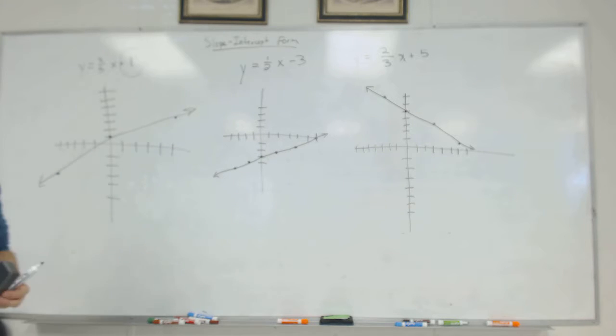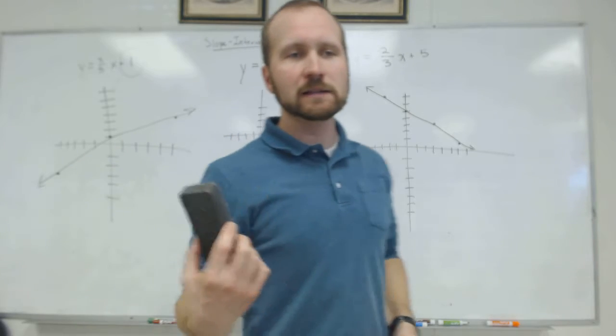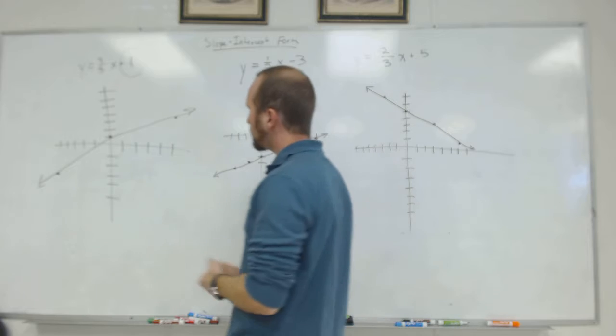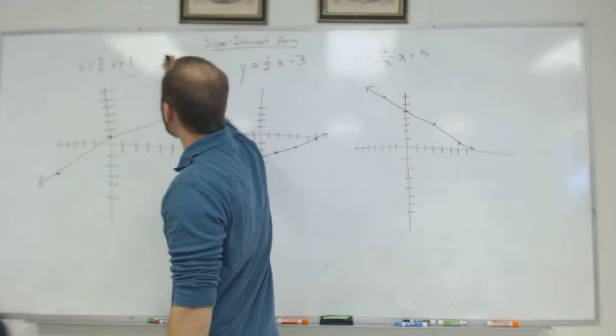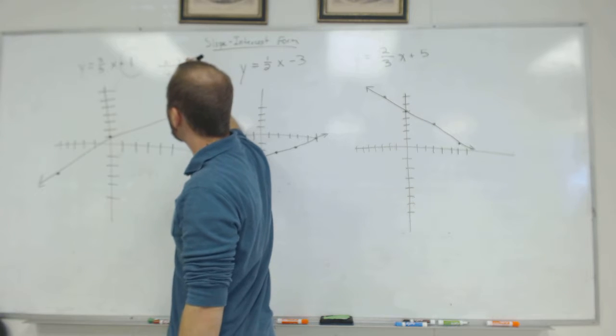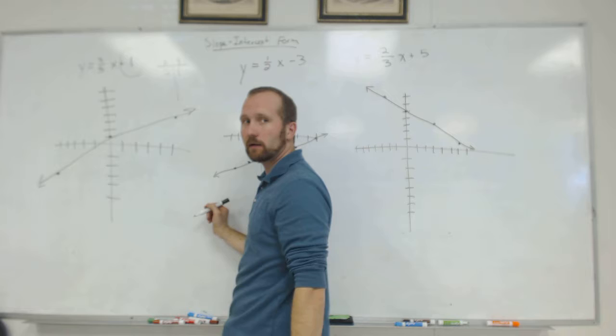Now, this is not magic, right? It's not like this comes from nowhere. If we had made a T-chart of this, we actually would have done the exact same thing. We would have probably started with x being 0 and y being 1. That's that point right there.